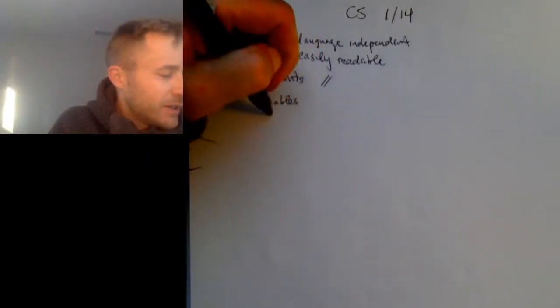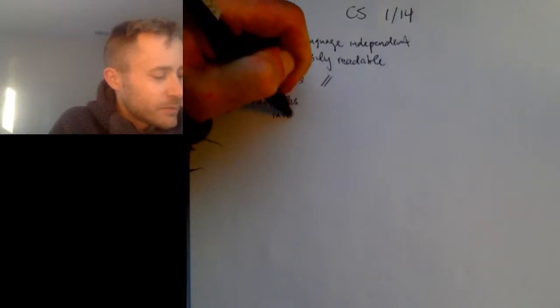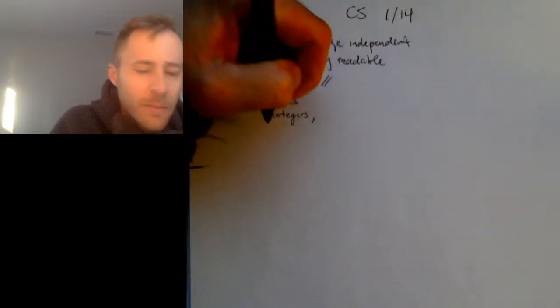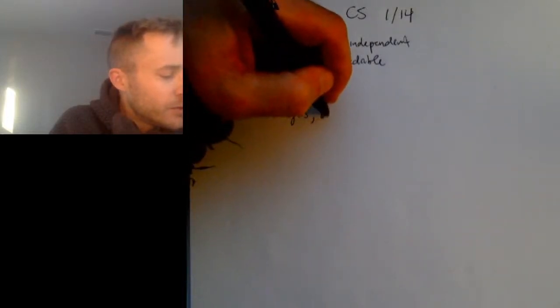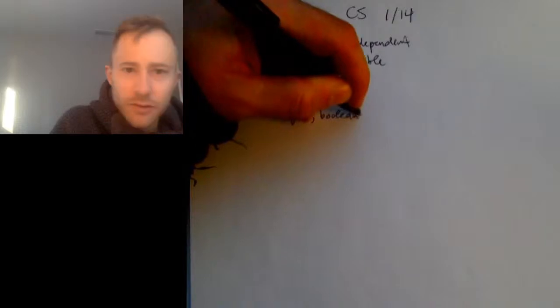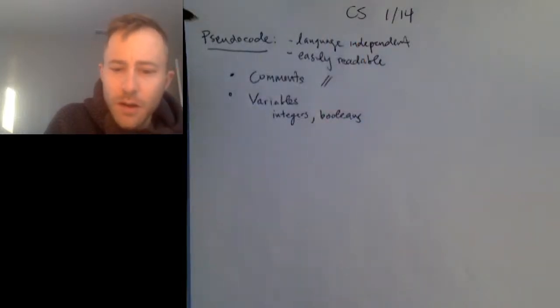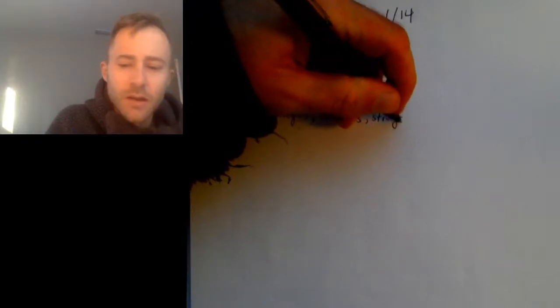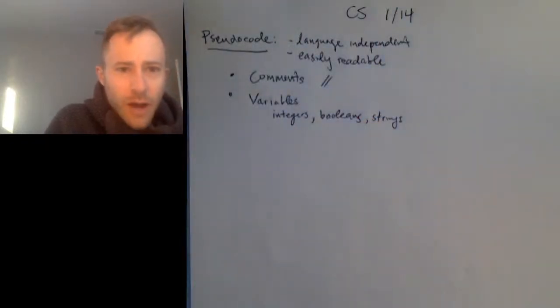You could have integers. You could have Booleans. So that's true or false. You could have strings. Or you could have arrays of these.